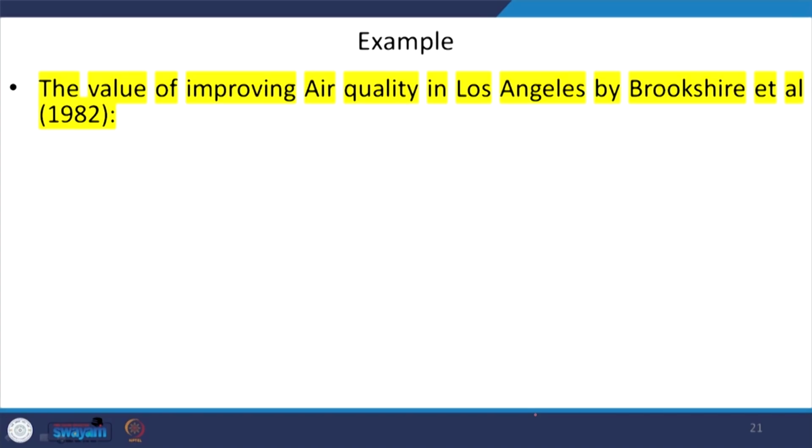Some of the examples that we can discuss is by Brookshire and his co-authors in 1982. They went for a CV study in order to estimate the value of improving air quality in Los Angeles.